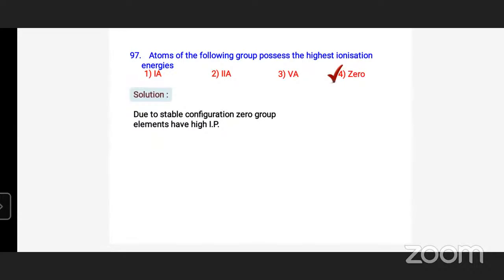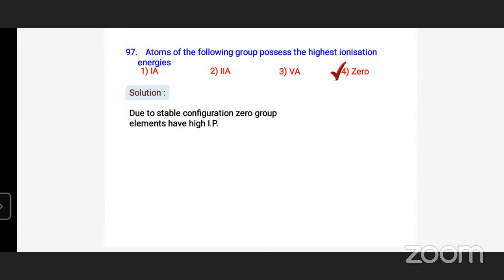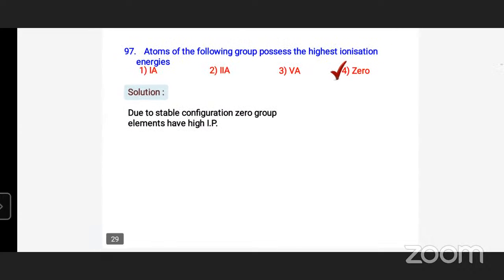Atoms of the following group possess the highest ionization energies: number one, first A group; number two, second A group; number three, fifth A group; number four, zero group.